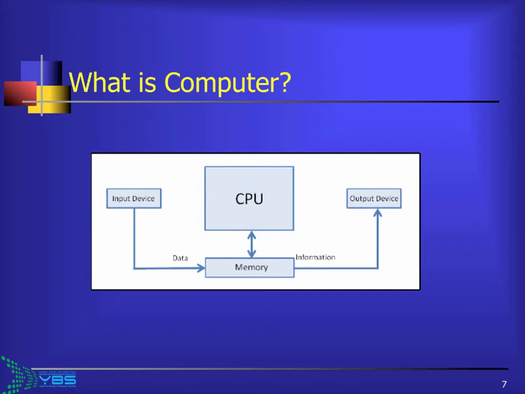Otherwise, you will lose all this data. A basic computer consists of 4 components: an input device, a CPU, which is the central processing unit, output devices, and memory.